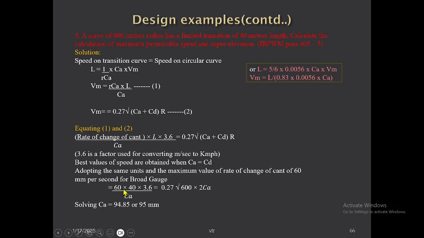Substituting all the values and solving, we get Cant actual equal to 94.85, say 95 mm.